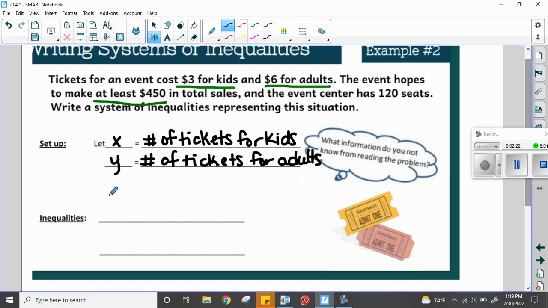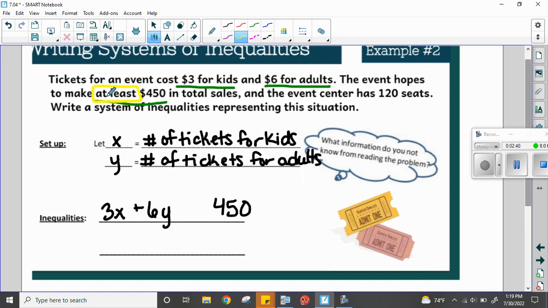So when I write my inequality, 3x plus 6y, and I know that my total has to be at least $450. What does this phrase "at least" mean?